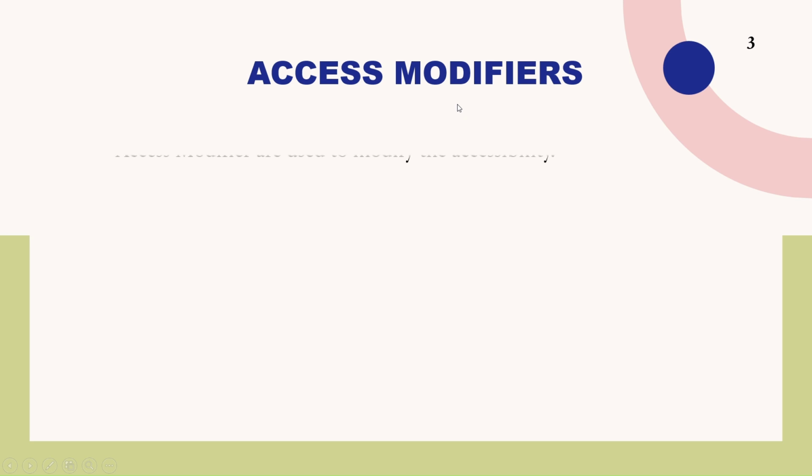The access modifier. Access modifiers are used to modify the accessibility of your method, your variables, your constructor. You can provide the accessibility of your method, variables, and constructor. That is called the access modifier. It decides how to access your method.